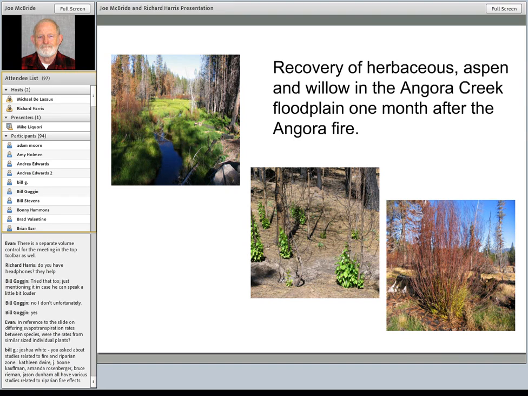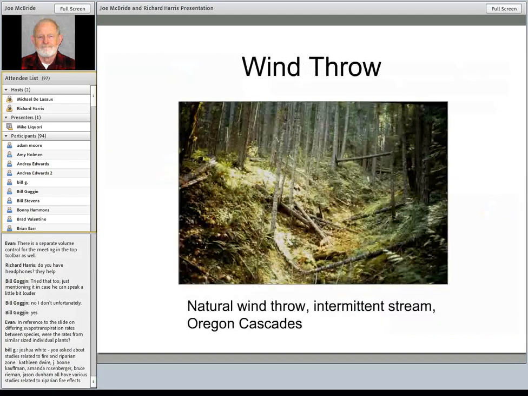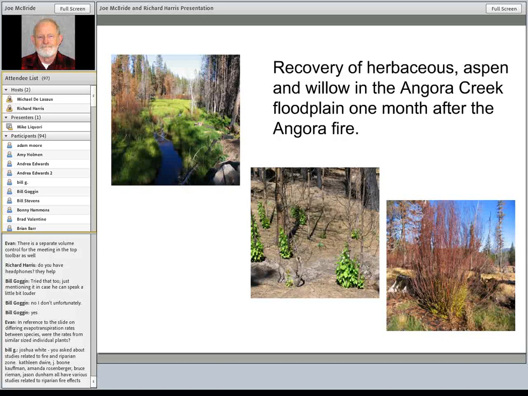The Angora fire burned very heavily in these riparian zones, but you can see sprouting has taken place following that fire on the part of the hardwood species, whereas obviously the lodgepole pine and the other conifer species were not resprouting after the fire. So the presence of fire is a very important tool, if you will, in maintaining, or has been, in maintaining hardwood species in these riparian zones within conifer forests.